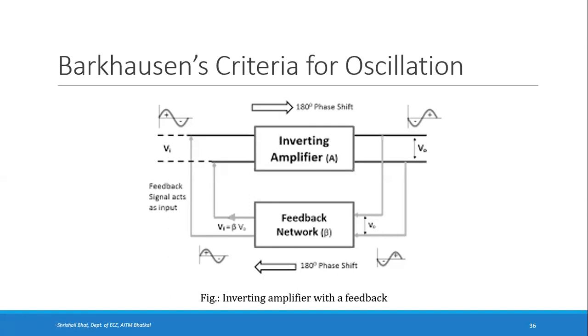In any amplifier, as you have seen in op-amps also, if you have used an op-amp as an amplifier, you are connecting VCC and VEE, right? So those are DC power supplies. Those DC power supplies create some noise in the circuit, and that noise will be small oscillations. Since it is an amplifier, that noise will be amplified.